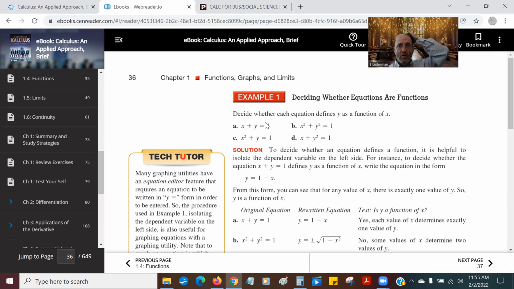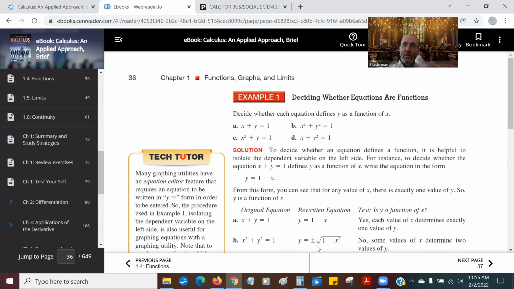So are these functions or not? A is a function, because I can say y equals 1 minus x, and yes, any one value of x determines only one value of y. This one here is actually not a function, because if, for example, x equals 0, then y would be plus or minus the square root of 1.